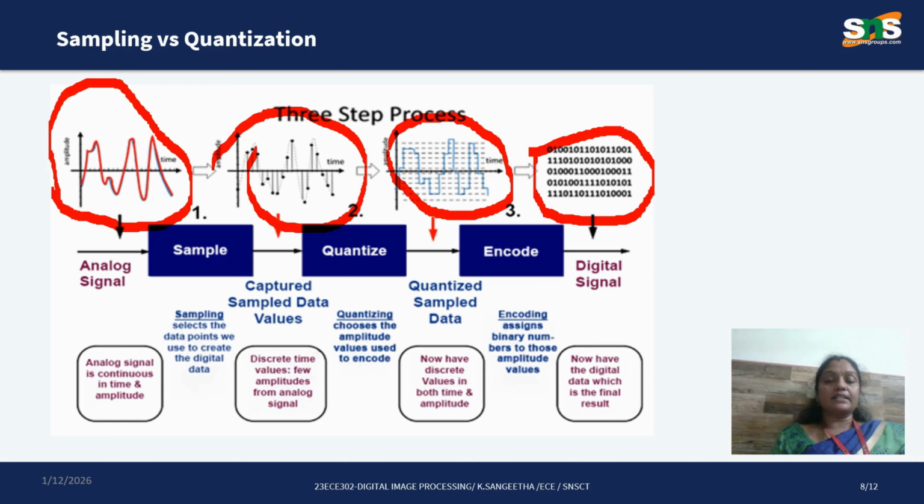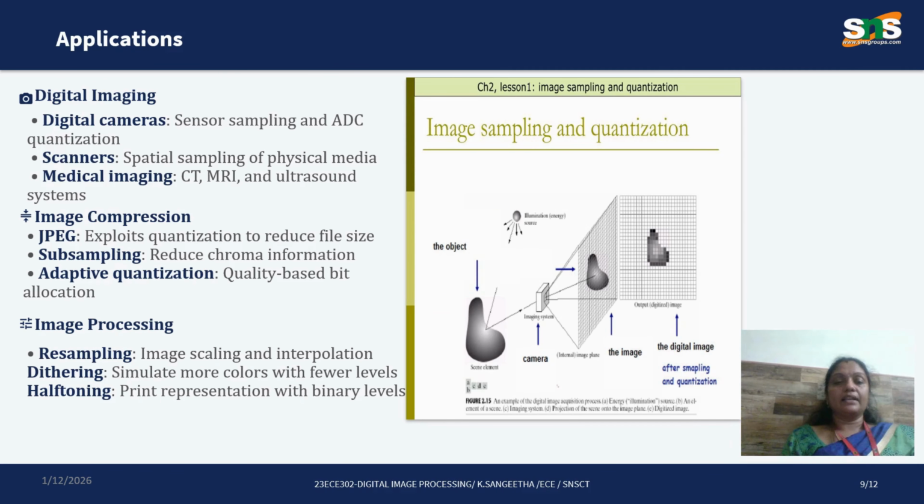The analog signal is continuous in time and amplitude, and discrete time digital means sampling and quantization. After sampling and quantization, we get the digitized information. So these are the important points.